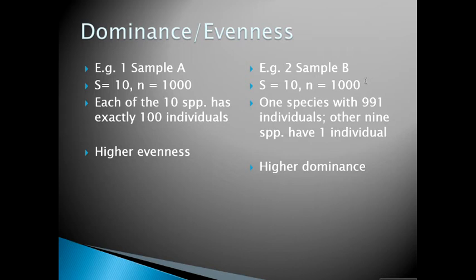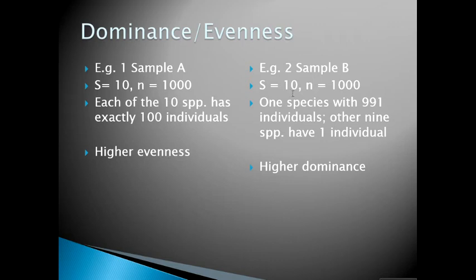So here we need a way to tease apart the relative abundance of these individuals. So, what if in this situation every one of those 10 species has exactly 100 individuals? It is entirely uniform. We say that it is even. It has highest evenness.